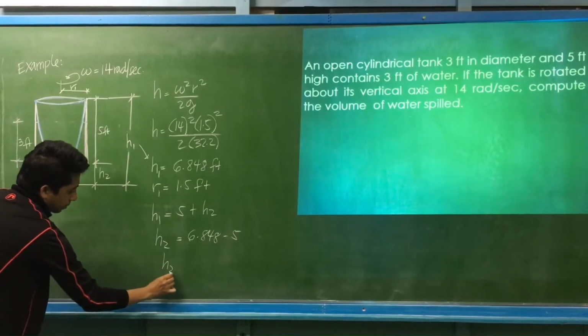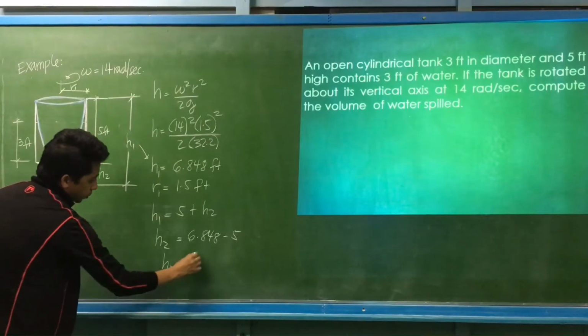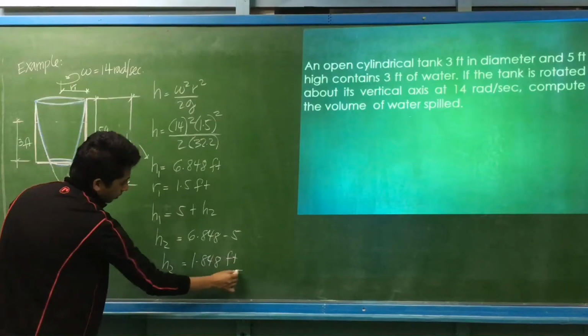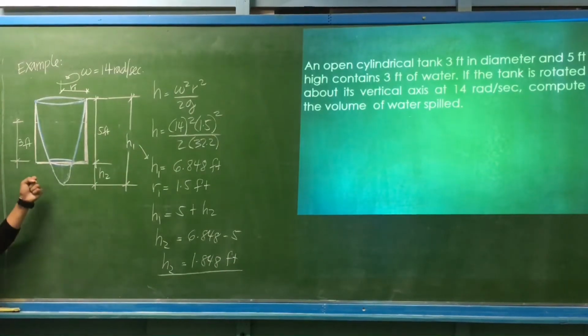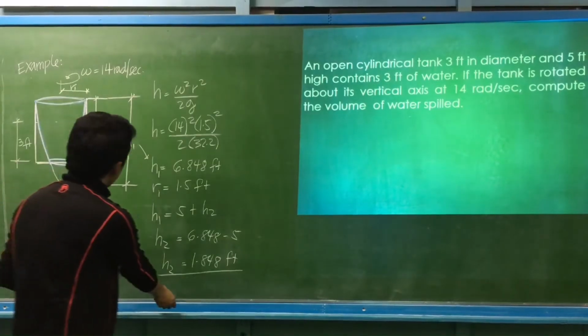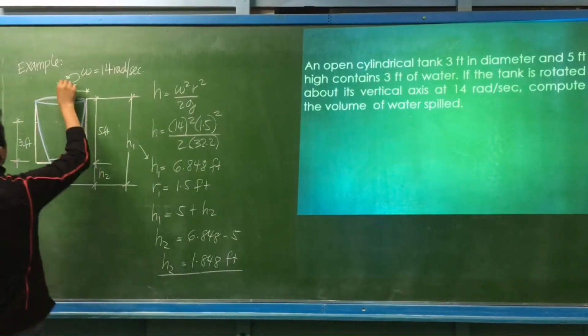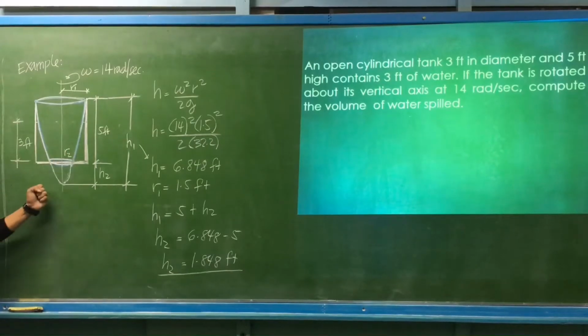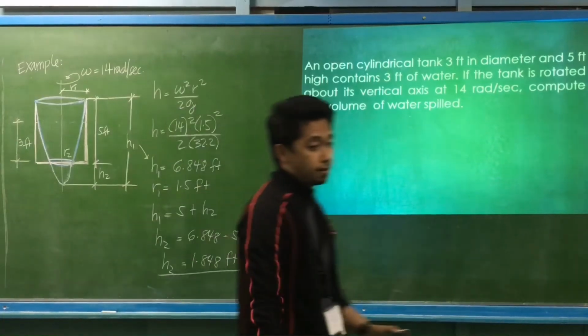So height number 2 is now equal to 1.848 feet. That will be the height of the imaginary paraboloid under the tank. We just need to determine the radius number 2. What will be the radius of this imaginary paraboloid?